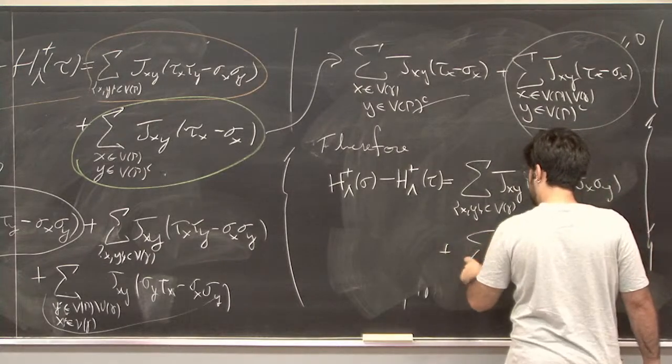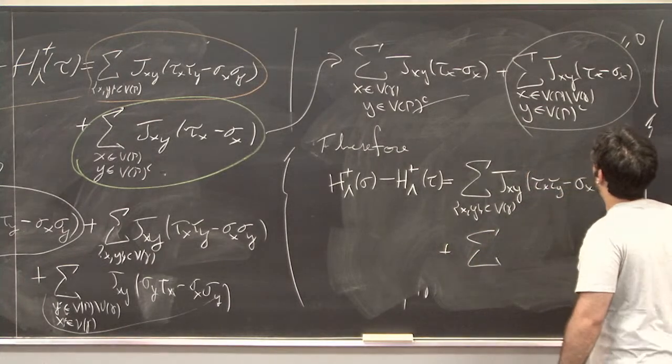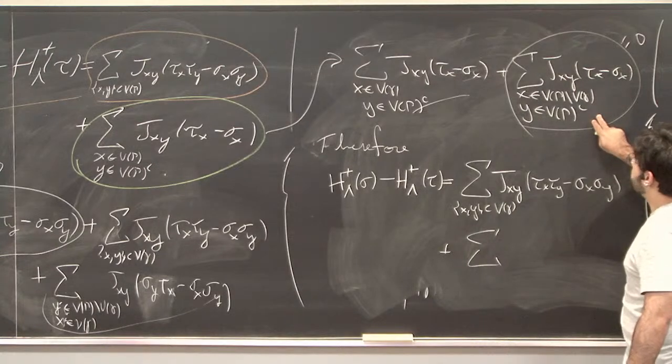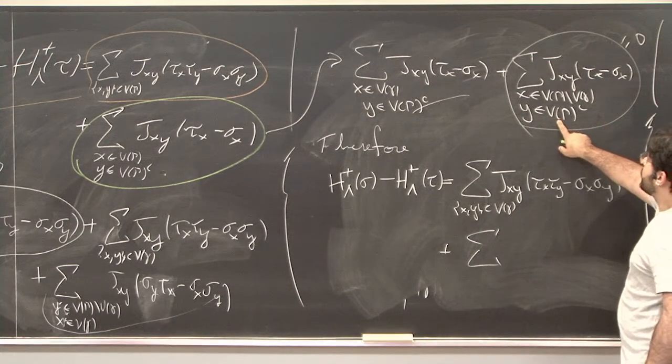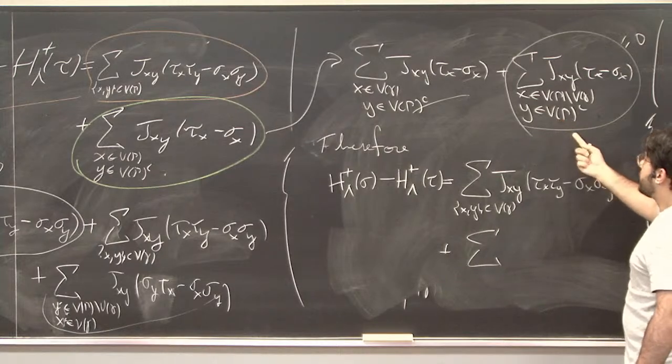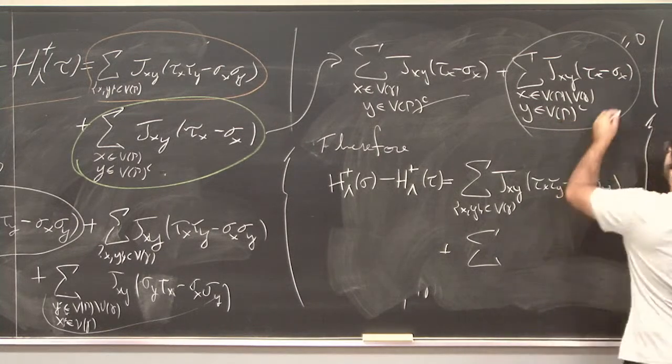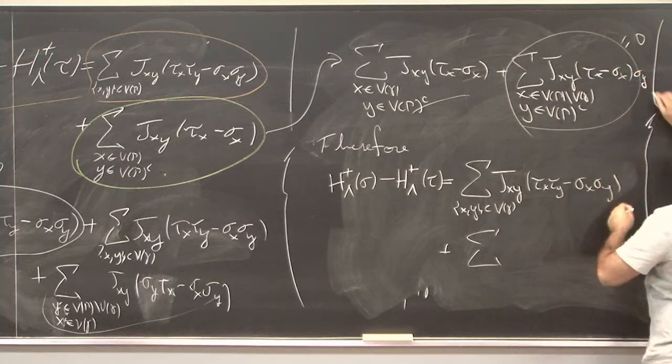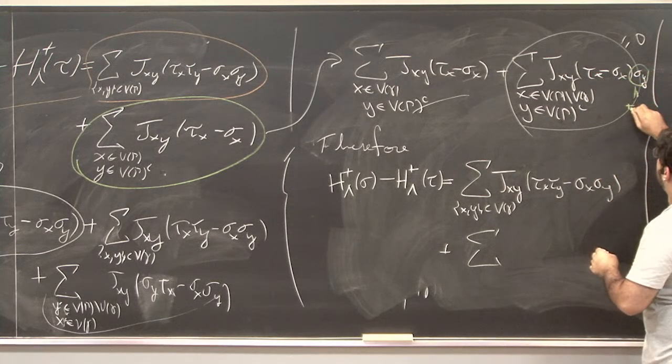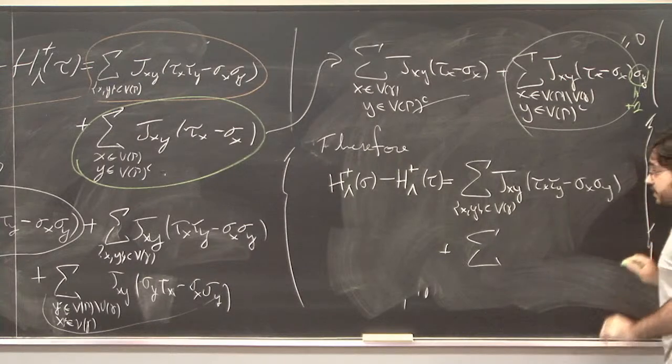Plus, I will sum these two quantities right here, remembering that outside V gamma the configuration is always plus 1. So if I write a sigma y here, I know that this sigma y is just plus 1. So there is no problem with the signs.